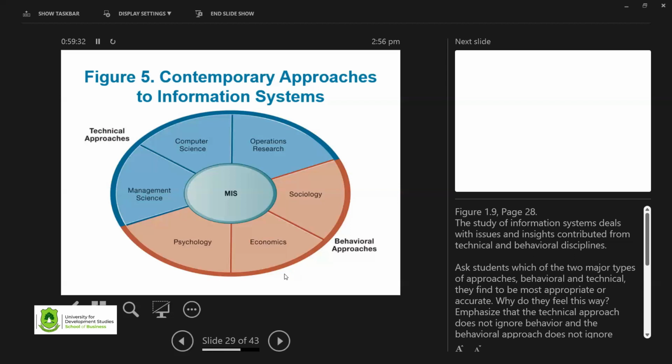Information systems. But there are also other categories of people, like those who are into computer science, those who are into management science, those who are into operations research, who are also in what? Into MIS. And those are what? The technical part. So MIS has to do with, if you look at this carefully, when we say information systems, it has to do with both what? Social and what? Technical.